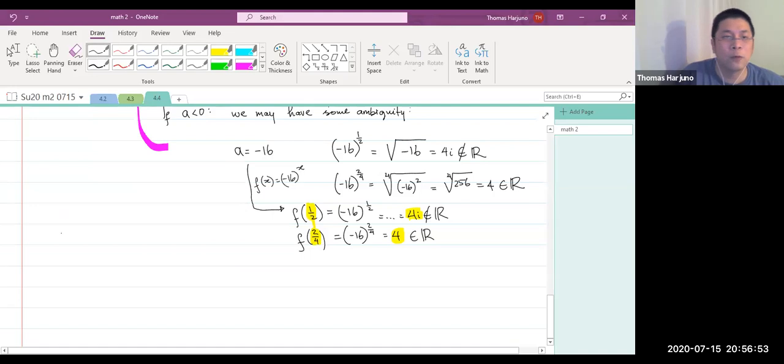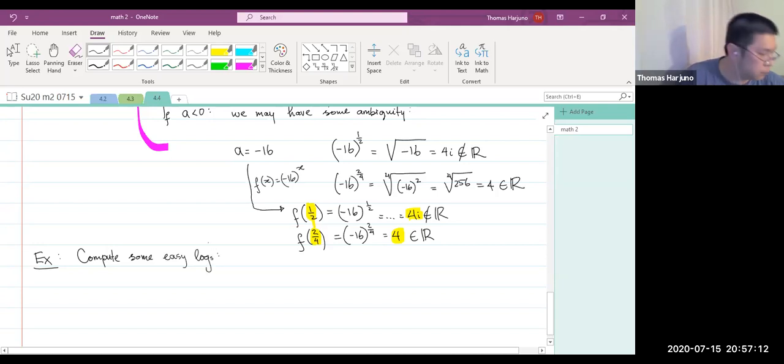In the last 4 minutes, let me do more examples, but this time to compute some easy logs. That's the foundation for tomorrow.